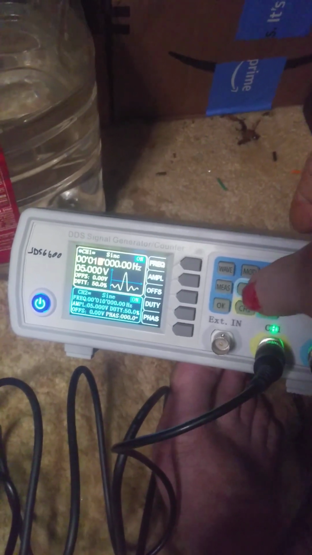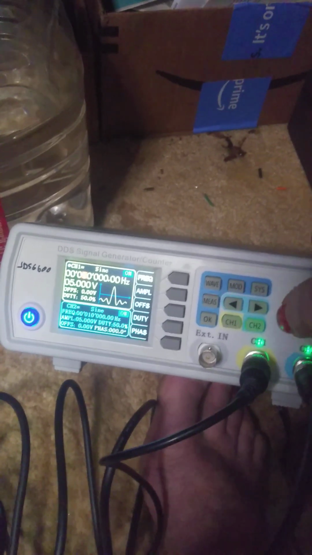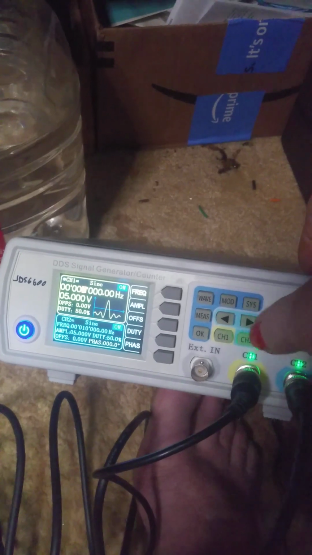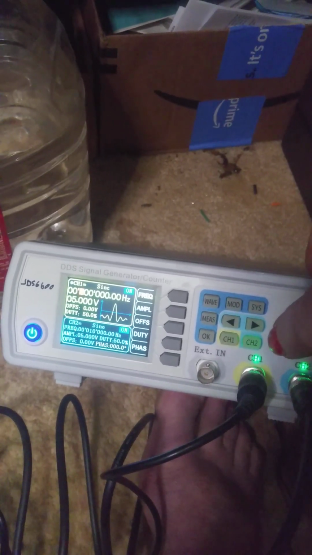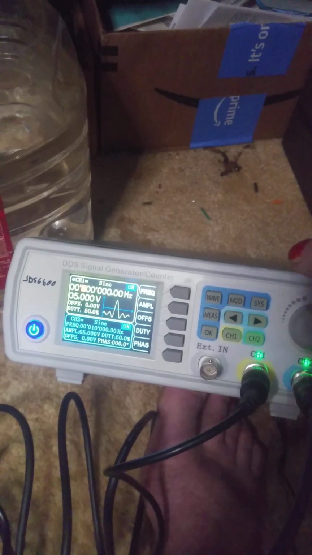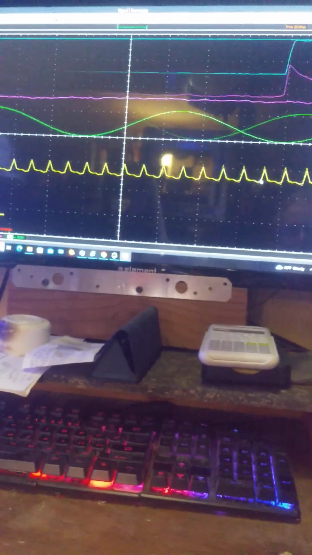Now, let me go over this. Let me go this way. Change it to 100 kilohertz. Alright, so you can see this thing now is not resolving that signal very well.